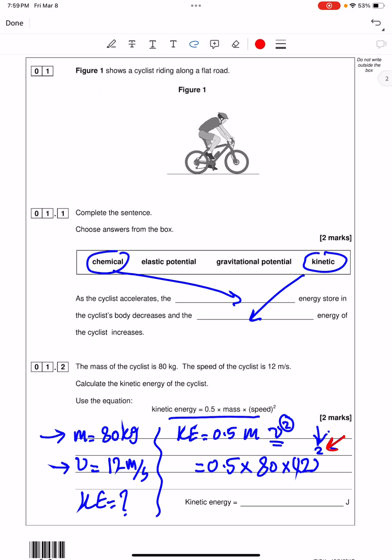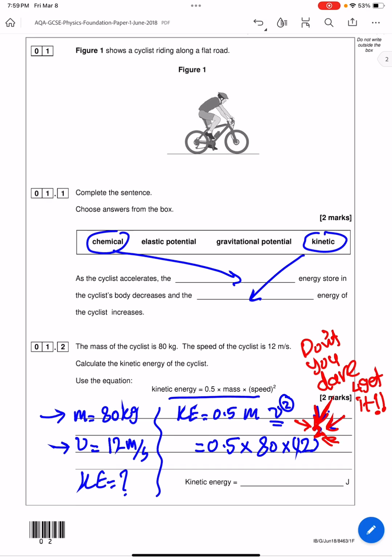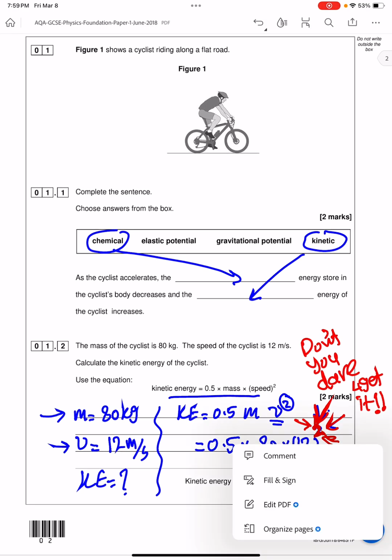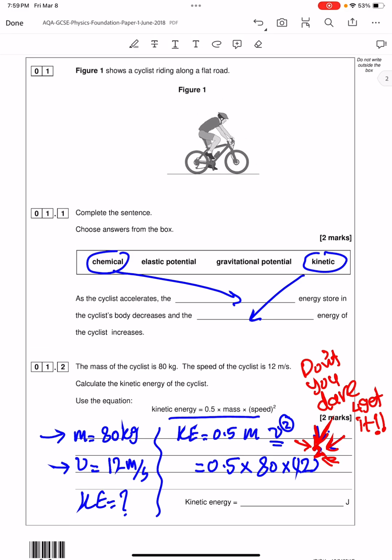Don't you dare forget it. Okay? Don't forget the square here, the 2 here. You're not allowed to do that. You can make any other mistakes, but not this one.